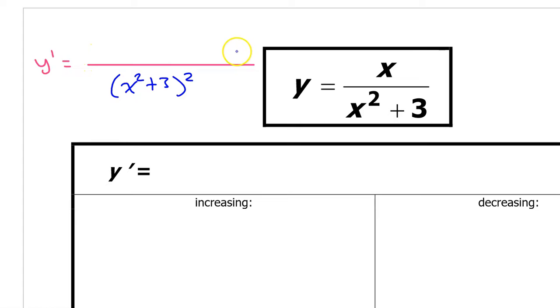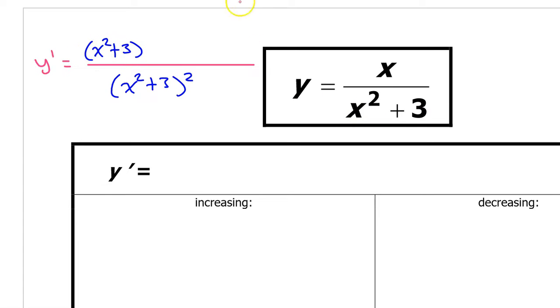Now, how is that poem again? Low d high less high d low. When I say d high, I'm talking about the derivative of the numerator. When I say d low, I mean the derivative of the denominator. So low d high means first write down the denominator, that's low.